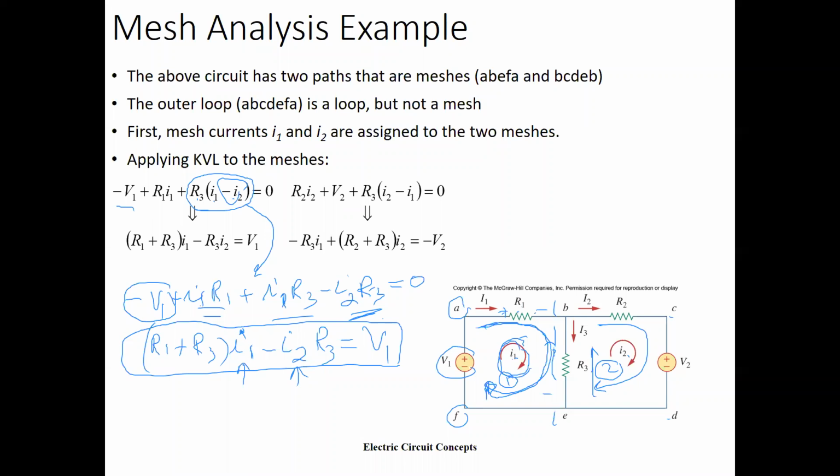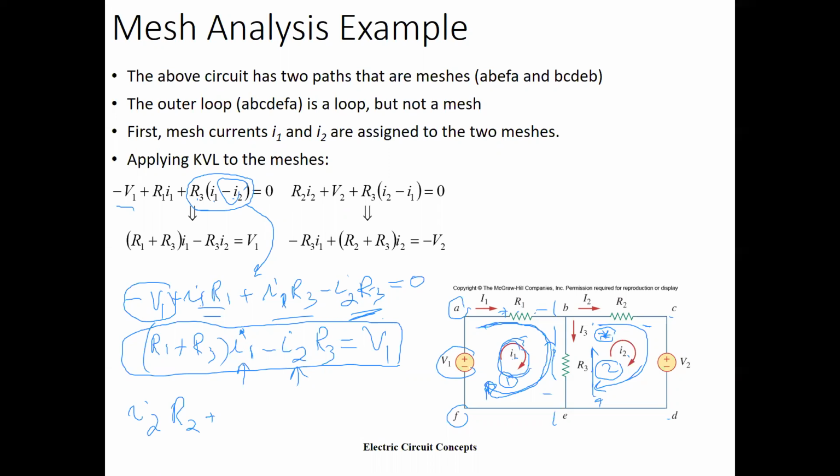Since we are using loop number 2, I2 will be multiplied by R2, so it will be a positive because the current is moving from this side to that side, so this has to be a plus, this has to be a minus, and the same thing for R3, so the bottom will be a plus and the top a minus for I2. So now we are just focusing on I2 because we are applying KVL around loop number 2, or around mesh number 2.